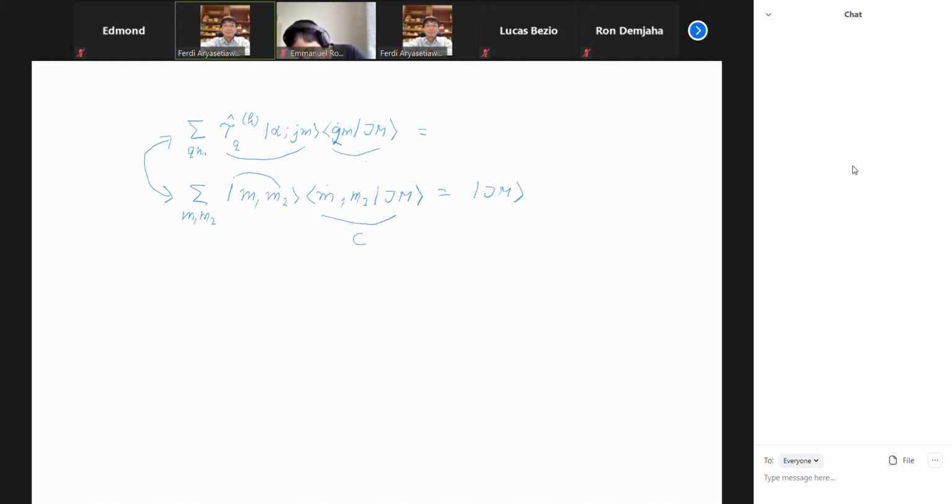That is also the Clebsch-Gordan coefficient. Then we can argue that this must be proportional to capital JM, and the constant of proportionality will depend on alpha, k, and j.